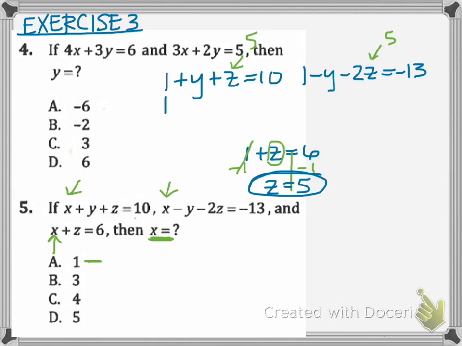In the first equation, we've got 1 plus y plus my z, which I'm replacing with 5, equals 10. To solve this, first I'm going to add the 1 and the 5 on the left, which is going to make 6. So I've got 6 plus y equals 10.